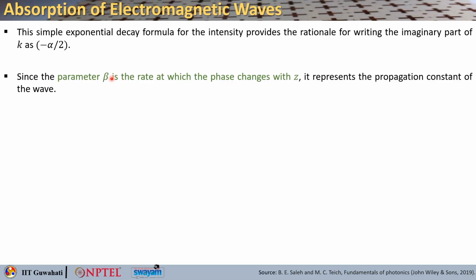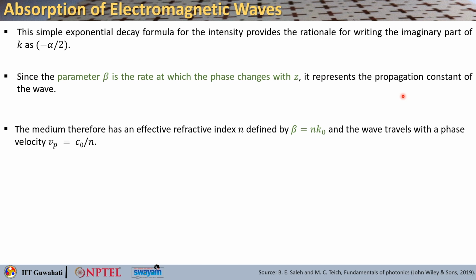Now, since the parameter beta is the rate at which the phase changes with z, it represents the propagation constant of the wave. That is from the real part. The medium will therefore have an effective refractive index n that defines beta equals n k naught, where k naught is the wave number in vacuum.